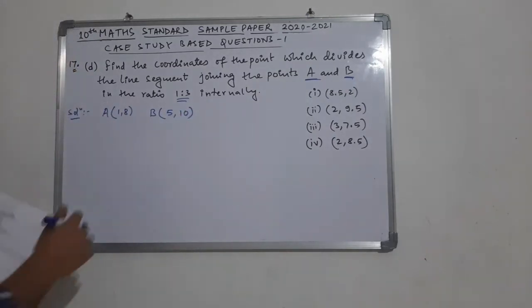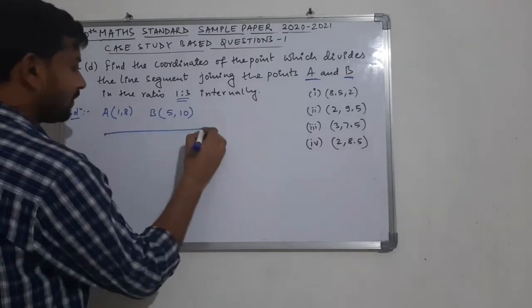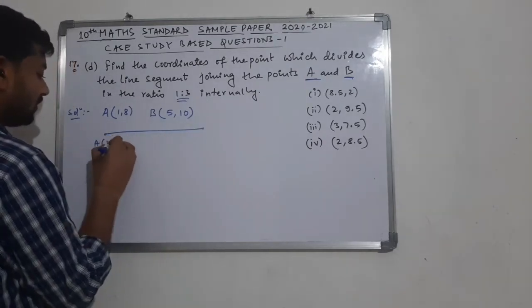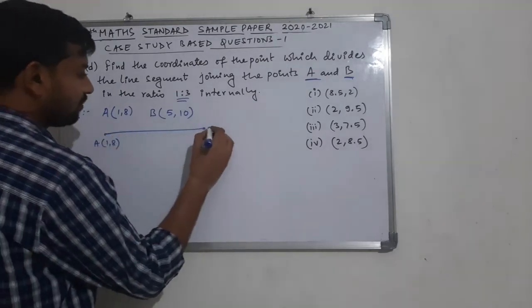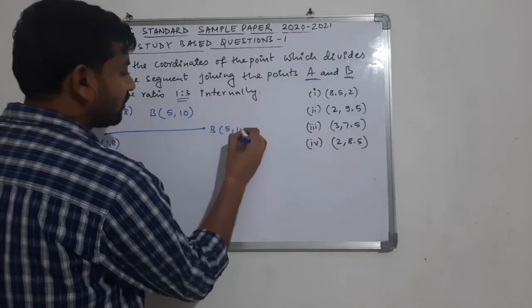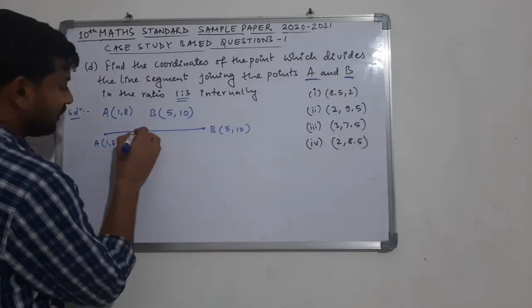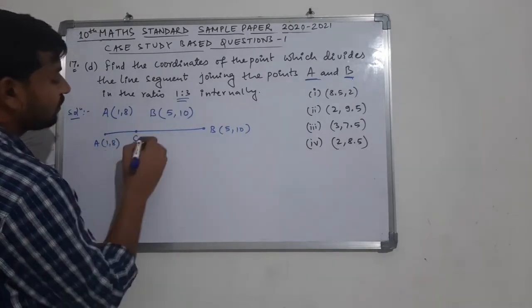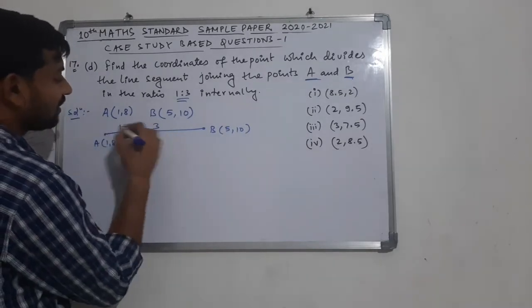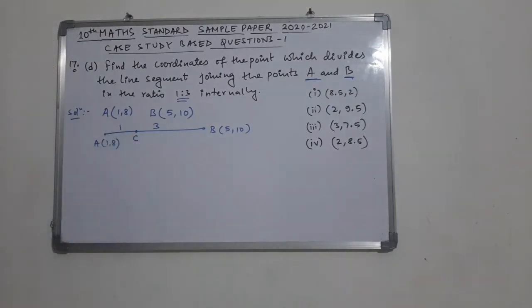Now we have to find a point in between. Suppose this is point A 1, 8 and this is the point B 5, 10. We have to find a point in between, which let us call C, dividing this line in the ratio 1:3.